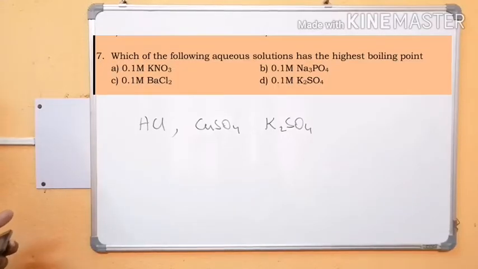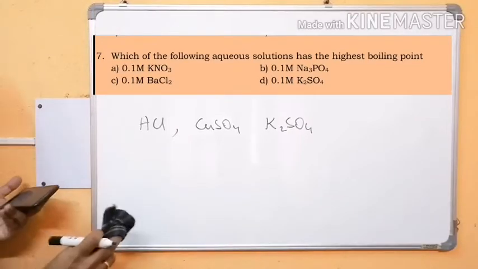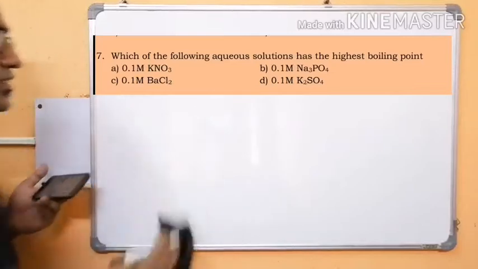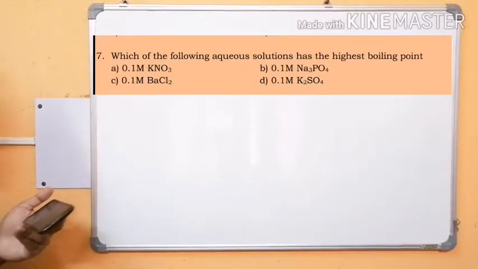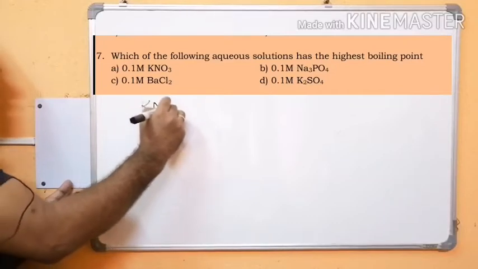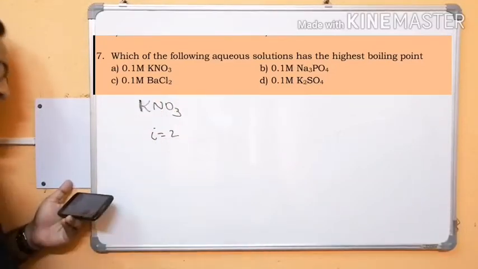Which of the following aqueous solutions has the highest boiling point? So again a similar question: 0.1 molar potassium nitrate, 0.1 molar sodium phosphate, 0.1 molar barium chloride, 0.1 molar potassium sulfate. Since again the molarity is same, the concentration is same, we have to consider only the i. KNO3, potassium nitrate, the i is only 2.